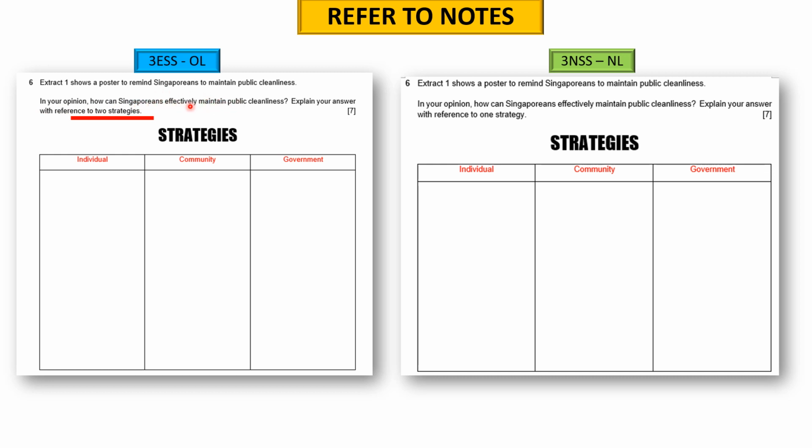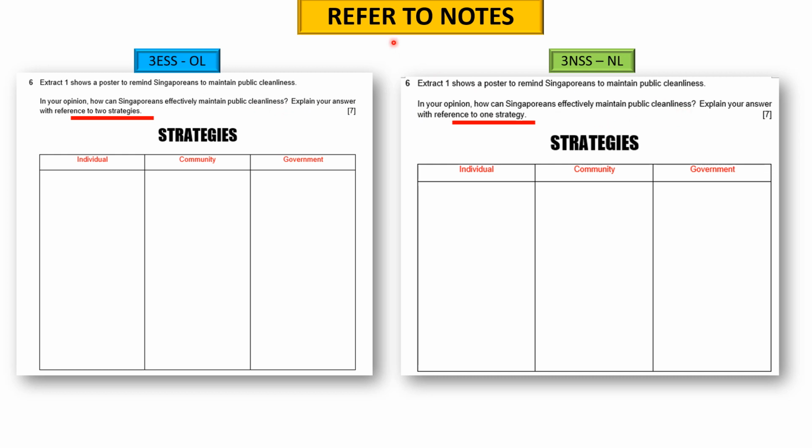The key word here is effectively maintain. For the 3E or O level students, it's with reference to 2 strategies, whereas for the 3N and N level students, it is with reference to 1 strategy. But you can see the question is asking the same thing: how can Singaporeans effectively maintain public cleanliness?